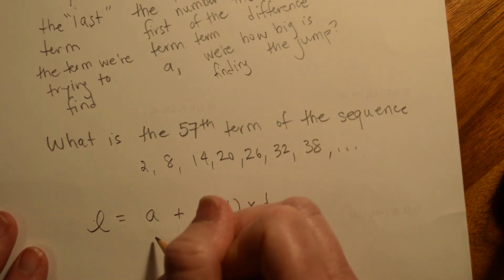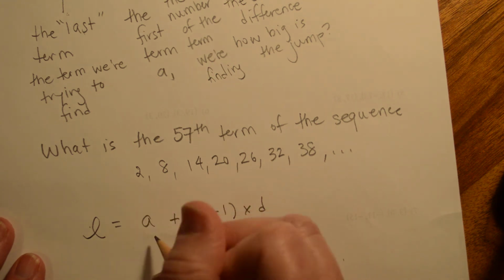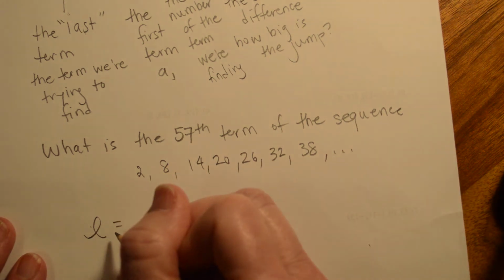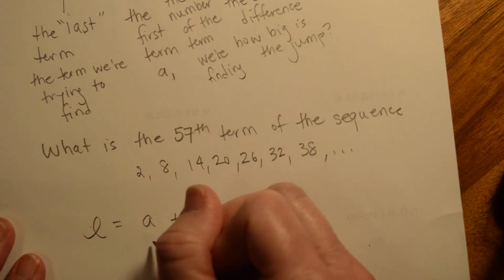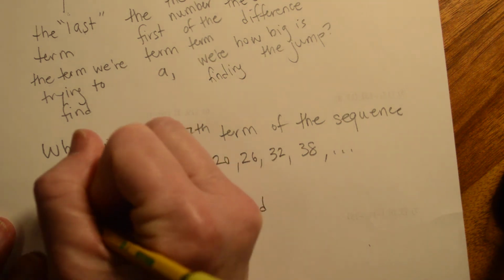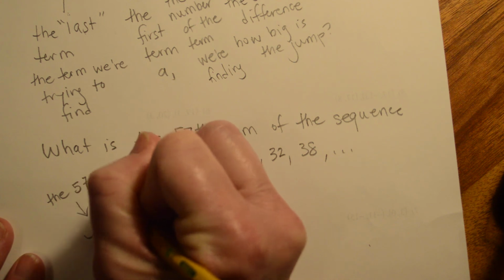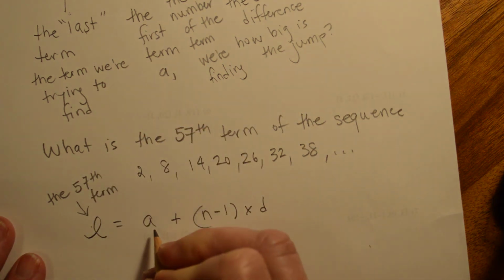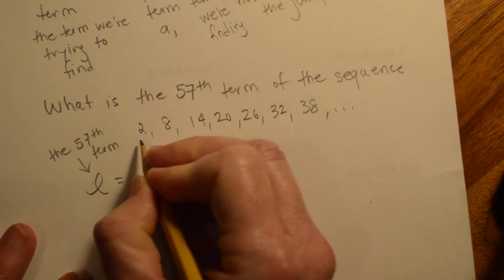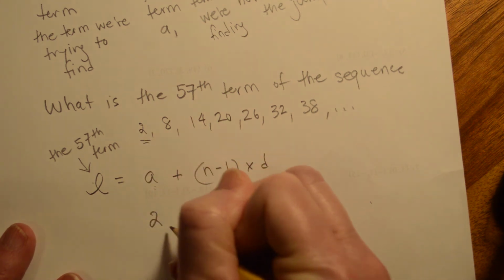So in this particular case, L is the 57th term we're trying to find. A is where we're starting, so our sequence starts at 2.